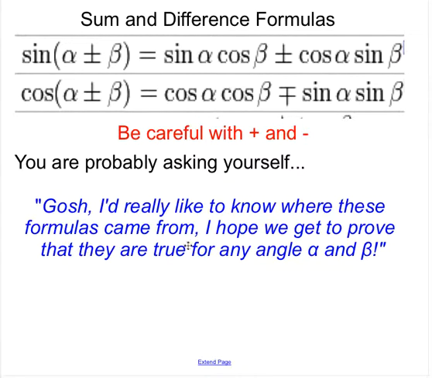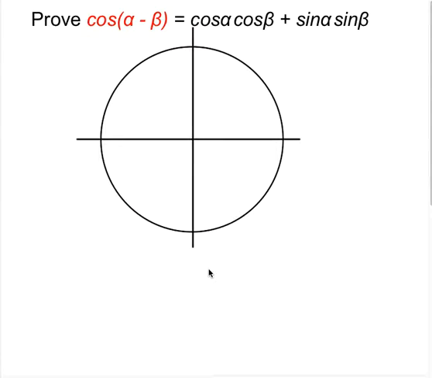So, since you're asking yourself this question in blue here, let's take a look. We want to find out what is the cosine of alpha minus beta, two angles. I'm going to recreate the diagram that the picture has. I'm going to draw two angles, one alpha and one beta.